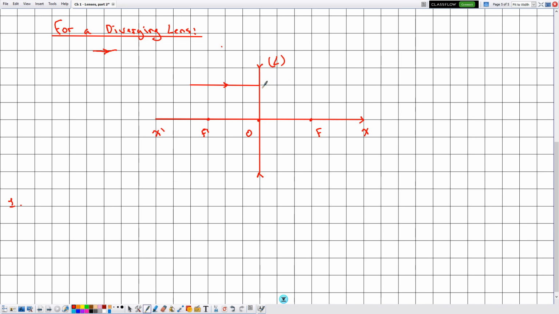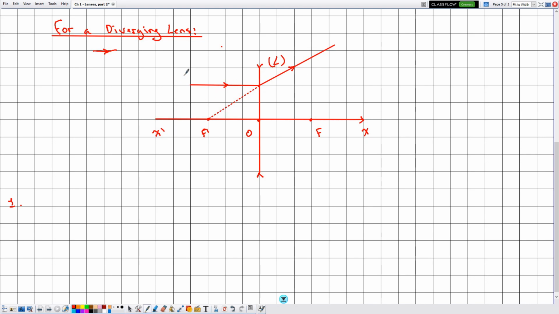As we can notice, light cannot pass through the image focus because it cannot travel backward. The trick is that the ray will emerge from the lens as if coming from the image focus. Because this light ray cannot pass through the image focus, it will emerge from the lens as if coming from the image focus. Okay, now this is the tracing of this ray.